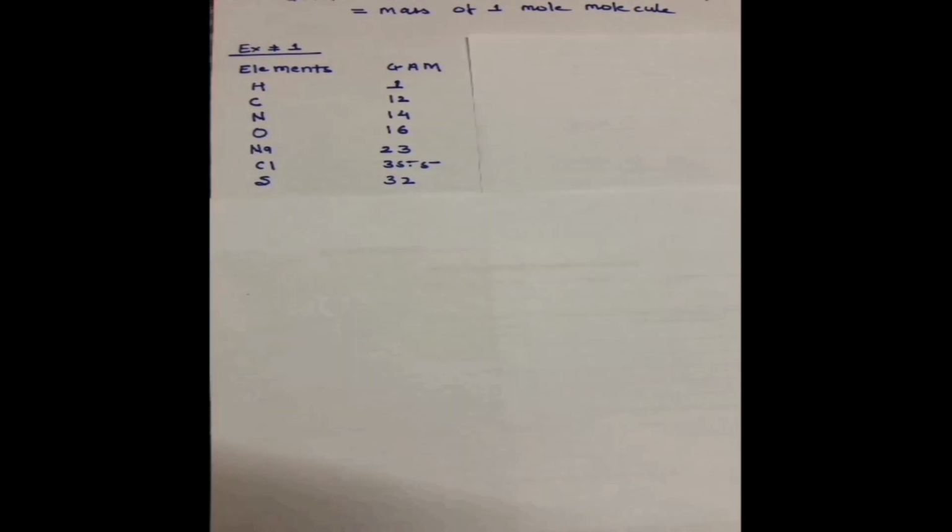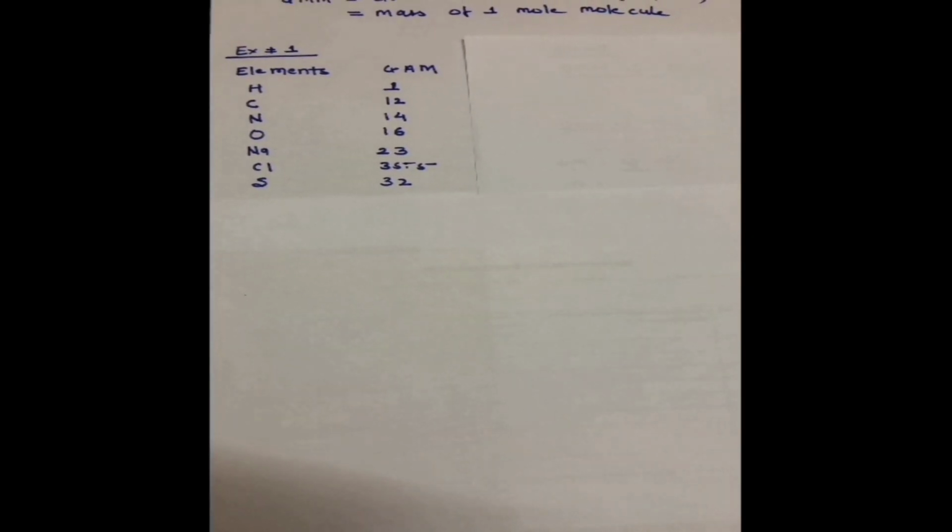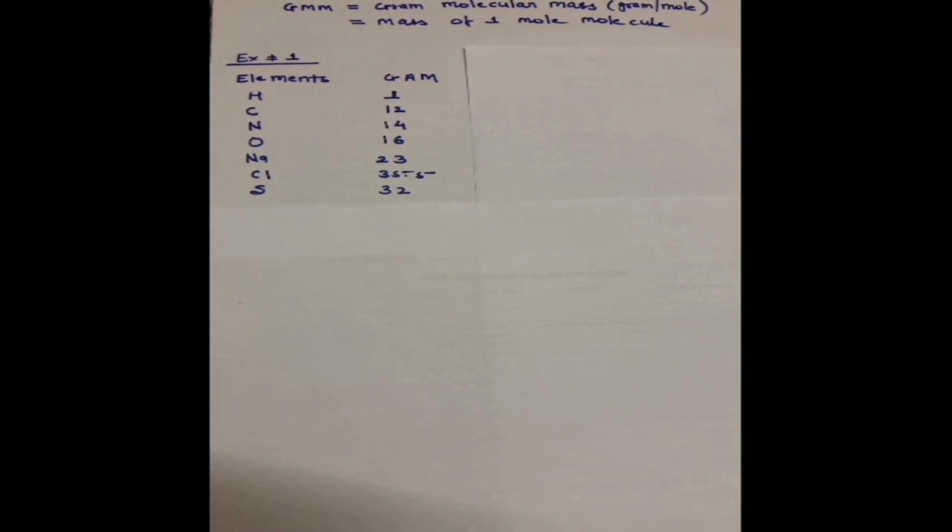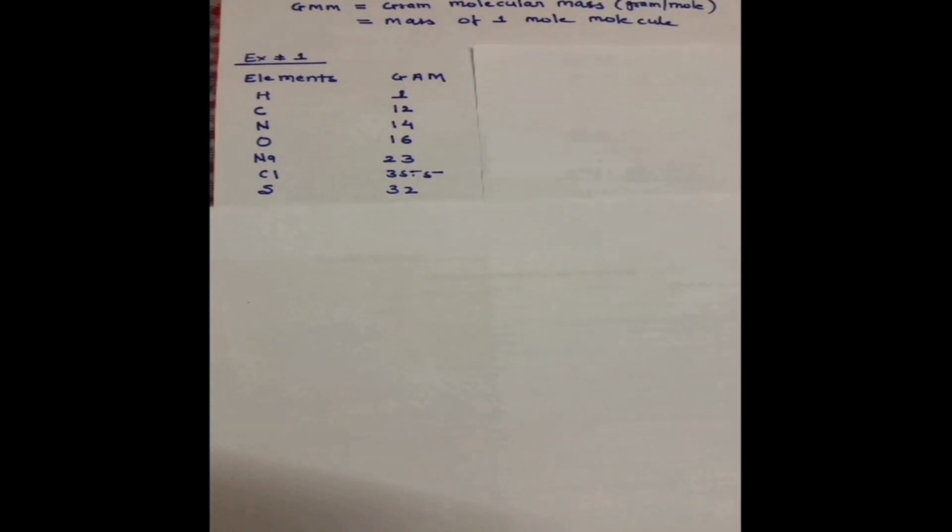Here in example 1, we are seeing that some elements are given along with their gram atomic masses. Remember, atomic mass of hydrogen is 1, that means gram atomic mass of hydrogen is 1, but here we are expressing it in gram.